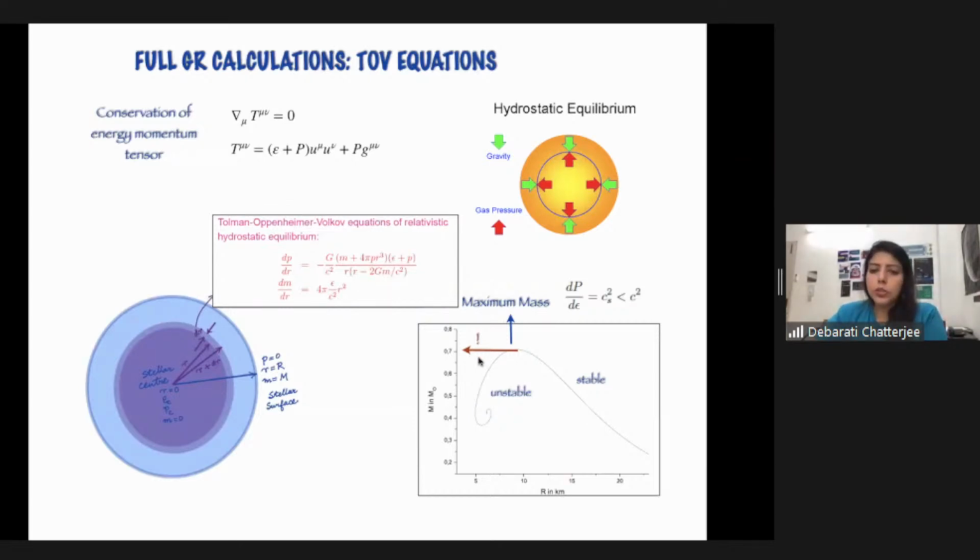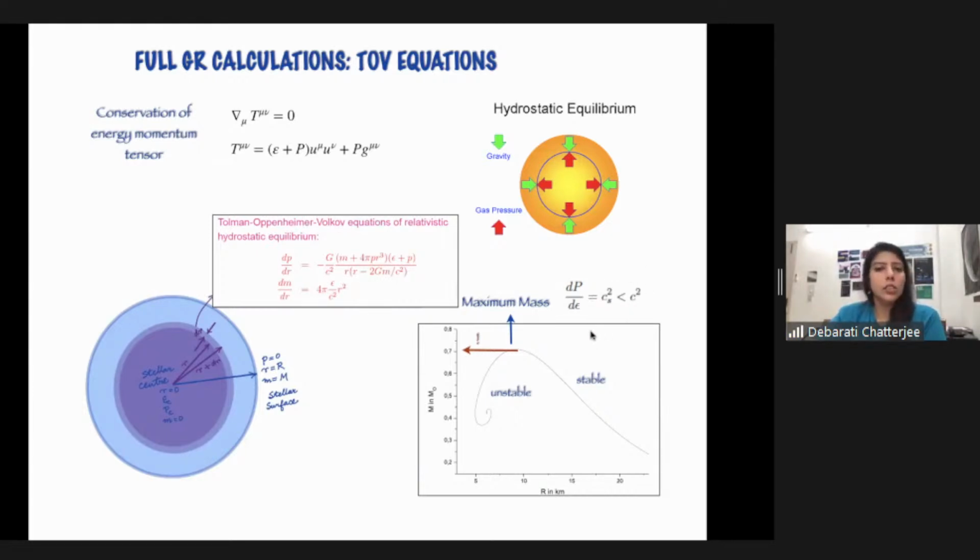The other thing to observe is that in this branch of the mass and radius, not all points are stable. And the reason is that dP over dE, so P and E are related by the equation of state, is actually the square of the speed of sound. And this speed of sound, you know, is limited by the value of the speed of light. It cannot be acausal.